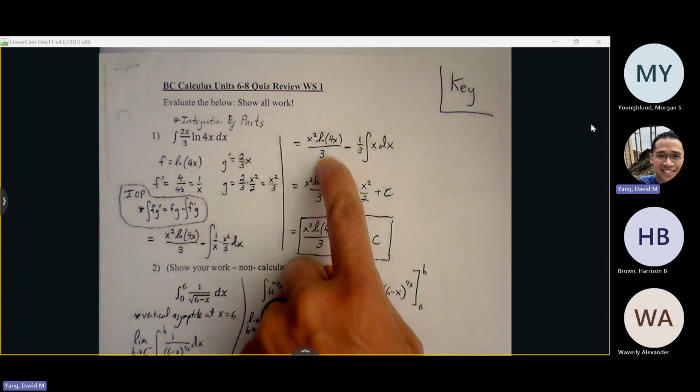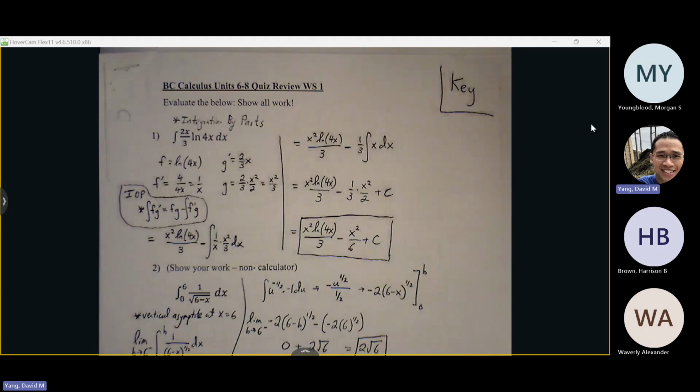Then your natural log will be your f, and the other expression will be your g prime. And that's only if there's natural log. Typically, unless there's natural log, I think we just prefer to always do the tab method. But for natural log, we're forced to use the original rule.